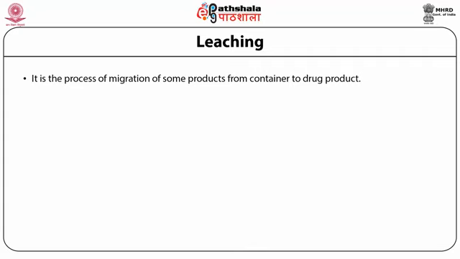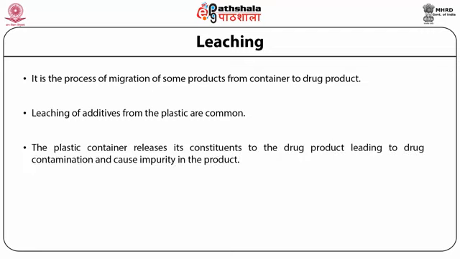Means certain ions or compounds are coming out from the container to the drug. Leaching of additives from plastics is very common. The plastic container mostly releases its constituents to the drug product, leading to drug contamination and causing impurity in the product. And sometimes they may be toxic or lethal to the patient.